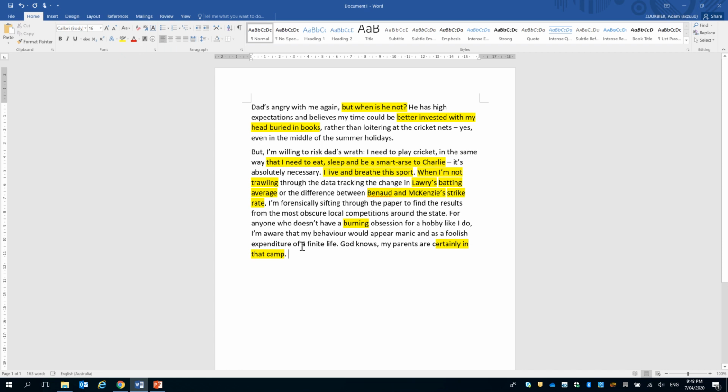Alright. Certainly in that camp, whenever I try to make the casual equivalence to my parents between my passion for the willow and leather and my dad's for the rake and secateurs, there is usually only a half hyperbolic threat.